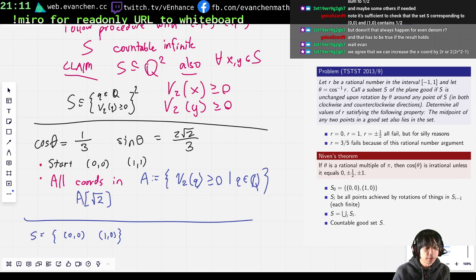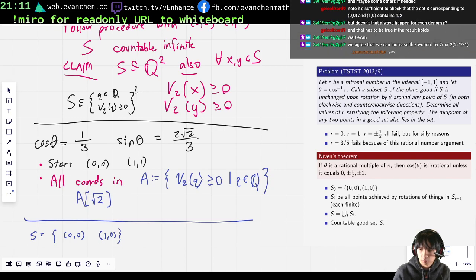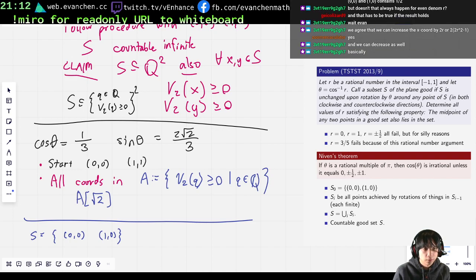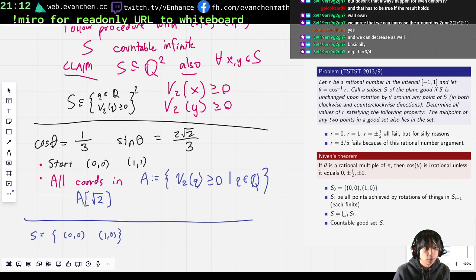We agree that we can increase the x-coordinate by 2r or 2r squared minus 1. What do you mean by... I'm a little confused. What are you trying to do? If r is 3/4, okay, let's specialize to r equals 3/4.